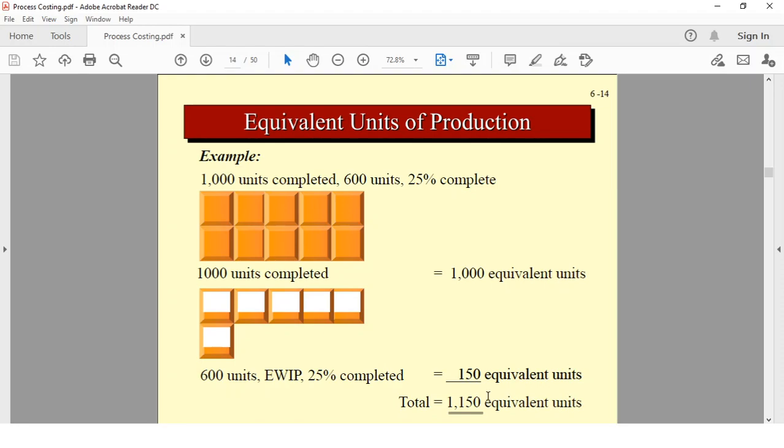So again, let me reiterate the concept of that 150. The concept is that the units are not all processed at the same time. Process costing is usually done in batches, batch processing.